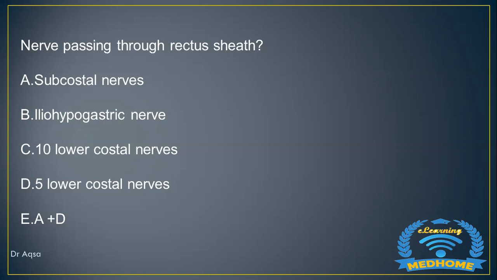No, you are right, I'm trying to confuse you. A and D: 5 intercostal nerves and subcostal nerves. So option E is the correct answer. Yes, you're right. Excellent. Thank you.